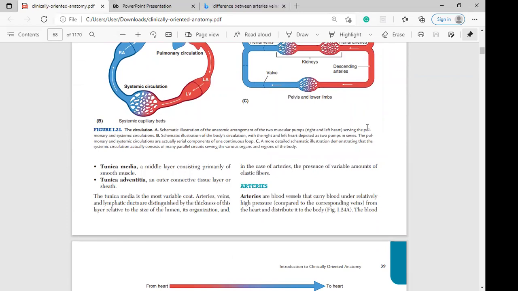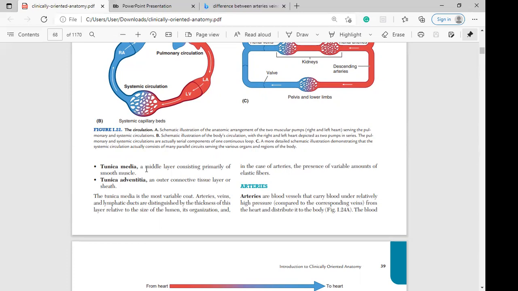Then the tunica media is the middle layer. What do you find in that middle layer? You find smooth muscles. So remember, tunica intima contains epithelial cells called endothelium, while the tunica media is made up of smooth muscles. And then the tunica adventitia, the outermost layer of the blood vessel, contains connective tissue.